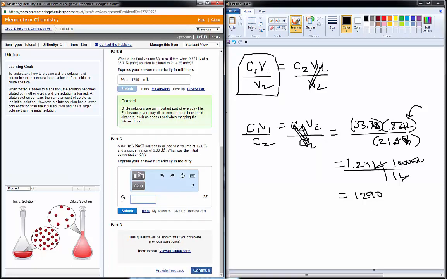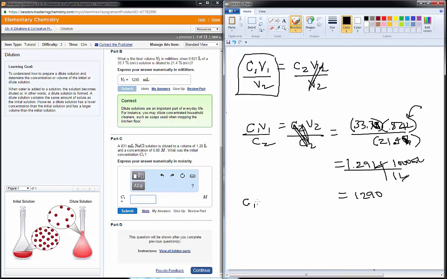Next, we've got a solution which is diluted to this new volume and this new concentration. They want to know the initial concentration C1, and again, C1 V1 equals C2 V2. To get C1 by itself, I'm going to divide both sides by V1. I get C1 equals C2 V2 over V1. My final concentration was 6 molar.